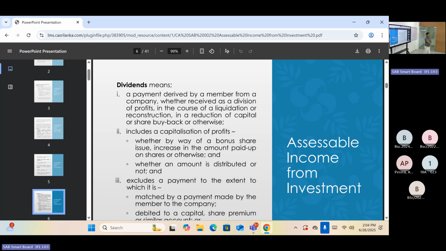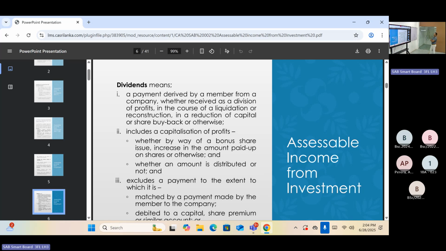Right? You know that shareholders are entitled to part of the profit. They are the persons who own that profit. If it is a division of profit, it shall be treated as dividend for tax purposes.